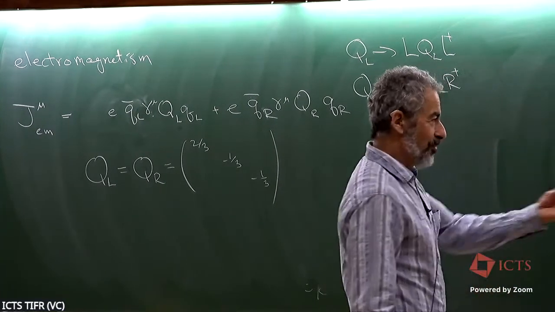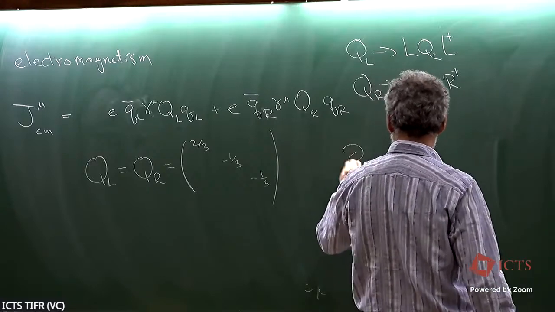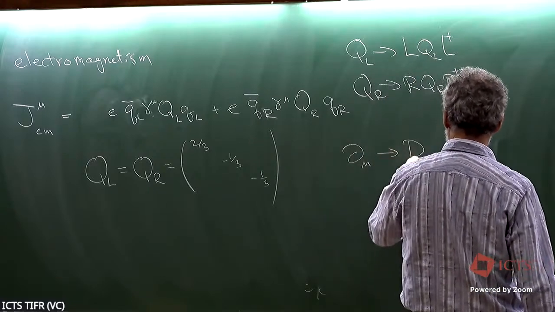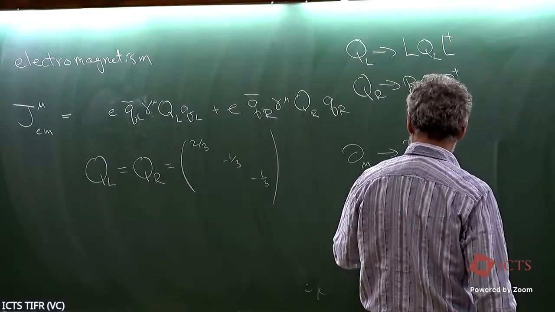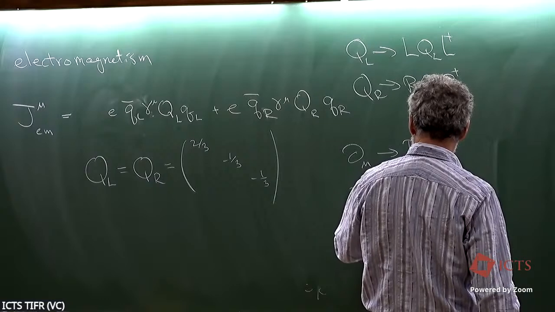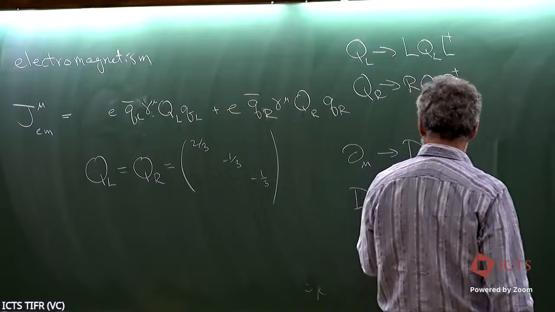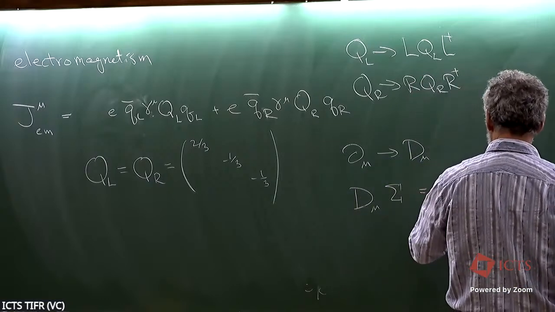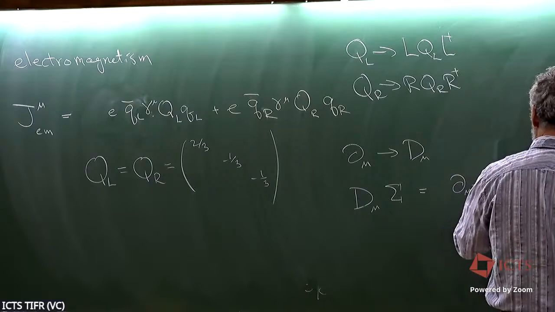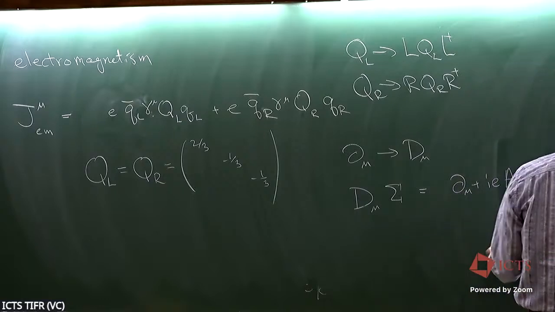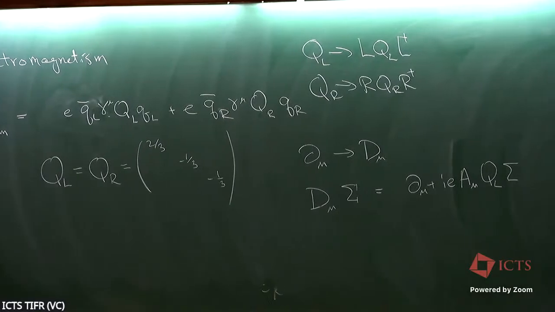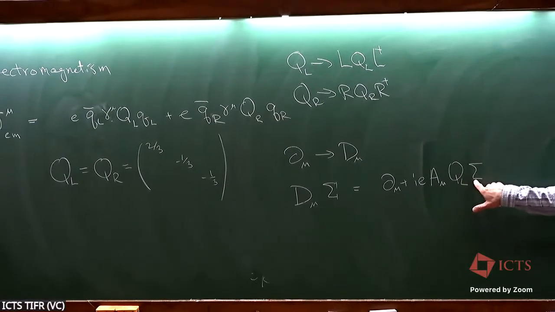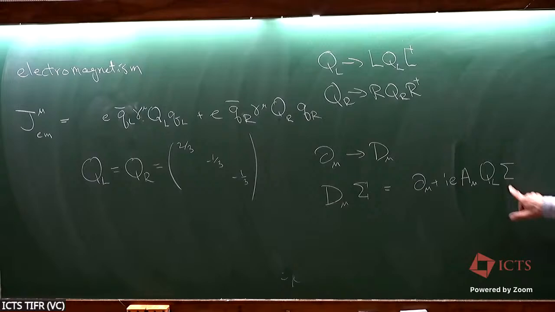One way to put photons in, obviously, is to take your ordinary derivatives and turn them into covariant derivatives. The covariant derivative on sigma looks like D mu sigma equals d mu sigma plus i e A mu Q left sigma, because Q left can only act on the left side, it can't act on the right side.